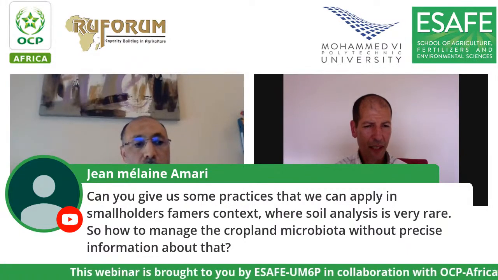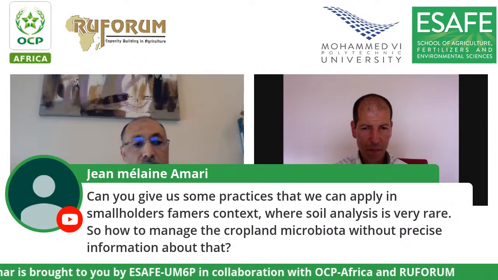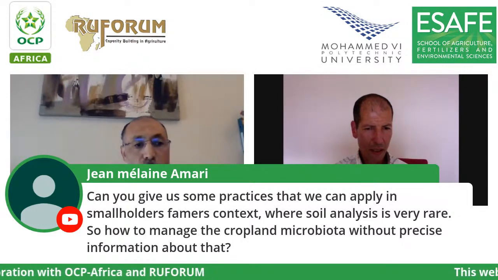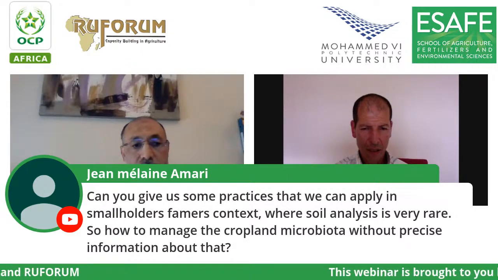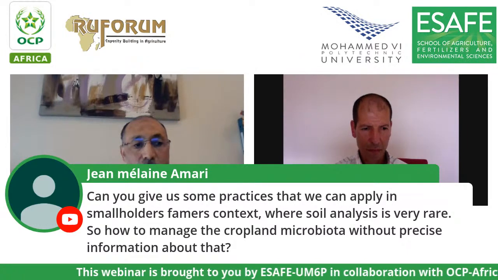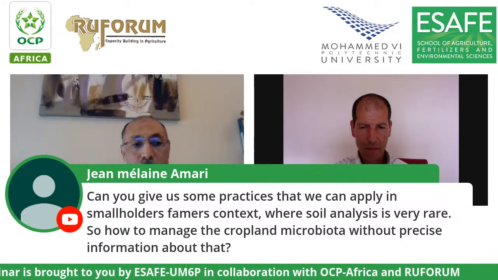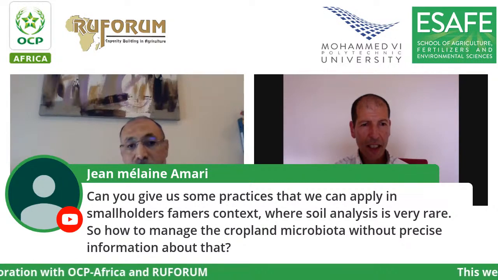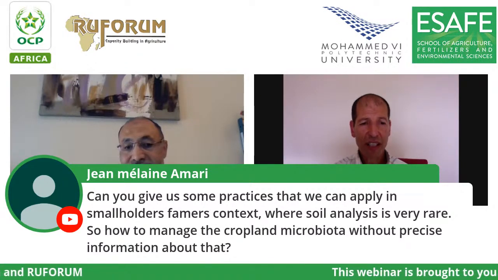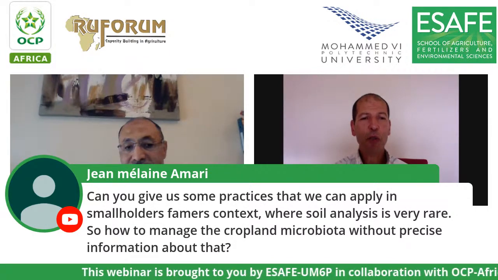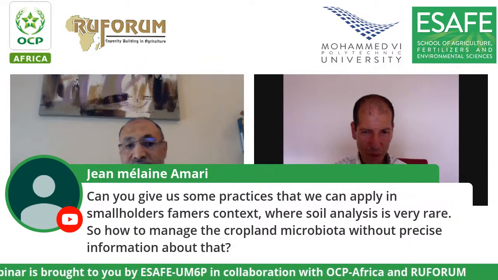From Jean-Mélène Amari, can you give us some practices that we can apply in the smallholder farmers context where soil analysis is very rare? So how to manage the cropland microbiota without precise information about that? Very interesting question. Smallholder farmers typically are not using a lot of inputs.